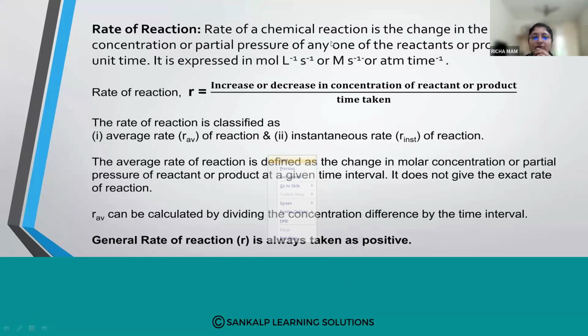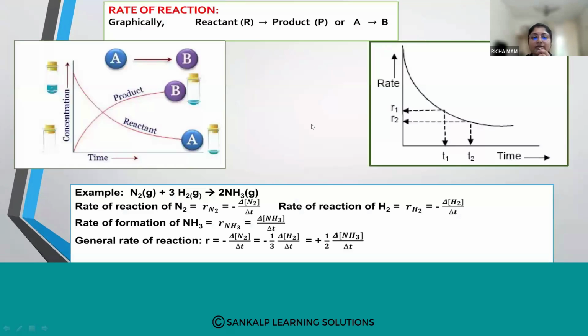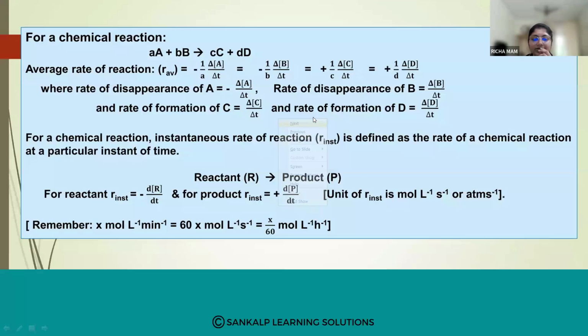Then what is rate of reaction? The rate of reaction is classified into two: average rate and instantaneous rate of reaction. We have discussed what the average rate is and how we calculate the instantaneous rate of the reaction. We also know how to write the expression for rate of reaction.